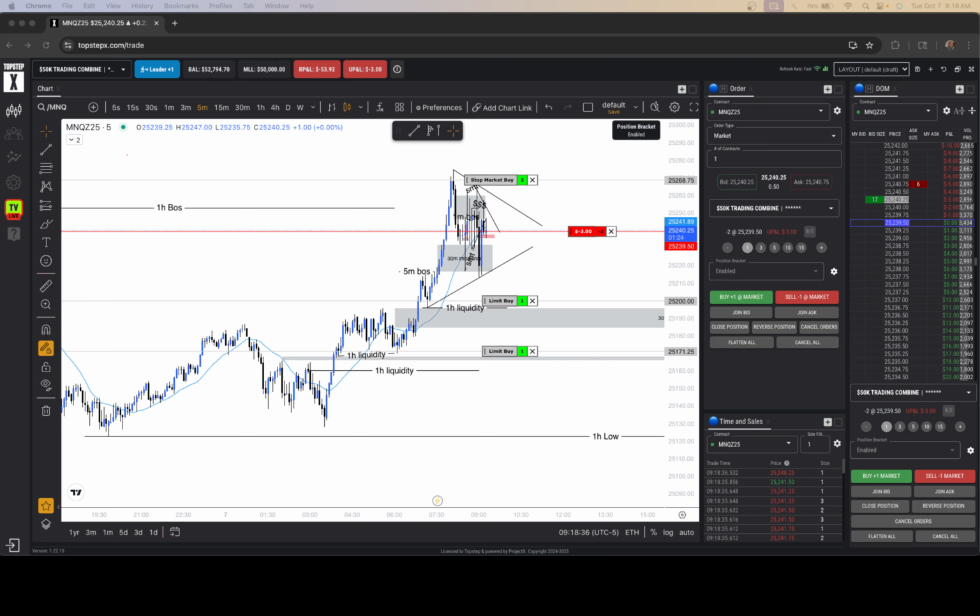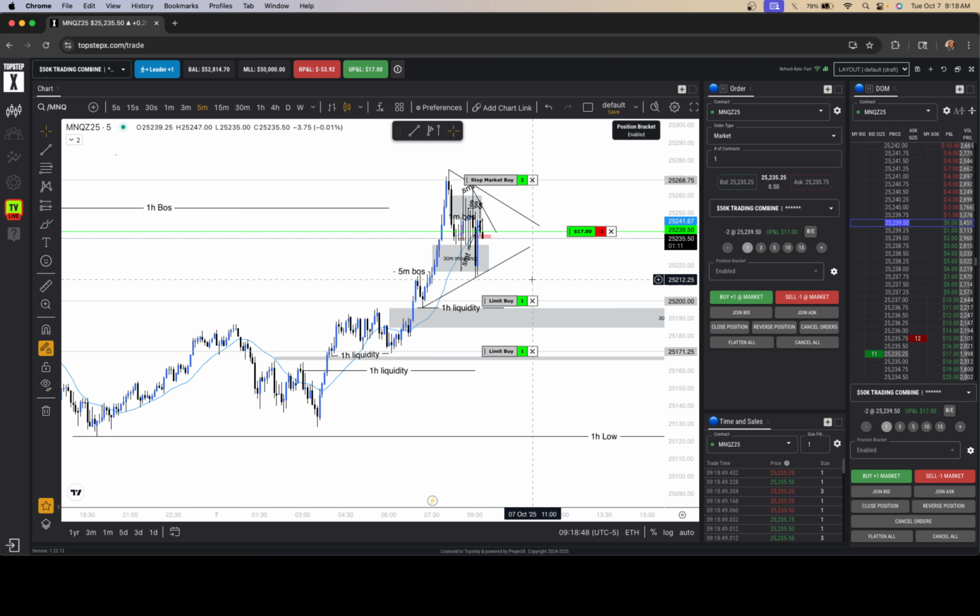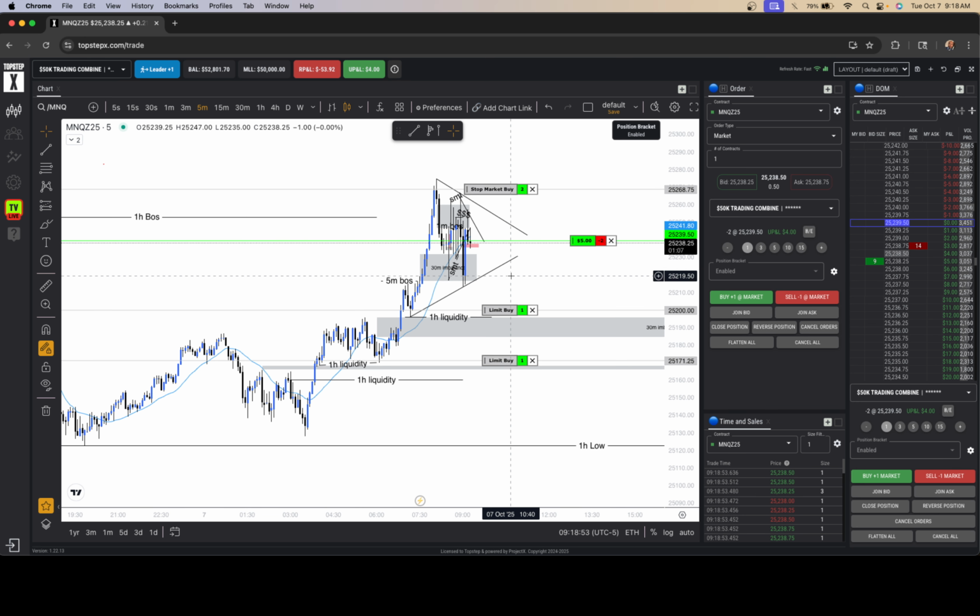And then we also had the SMT at the highs. So we're really just, I would say, confused in what price wants to do at the moment. And that's usually what happens when we get a lot of SMTs on both sides of the market. We just end up chopping around a lot.